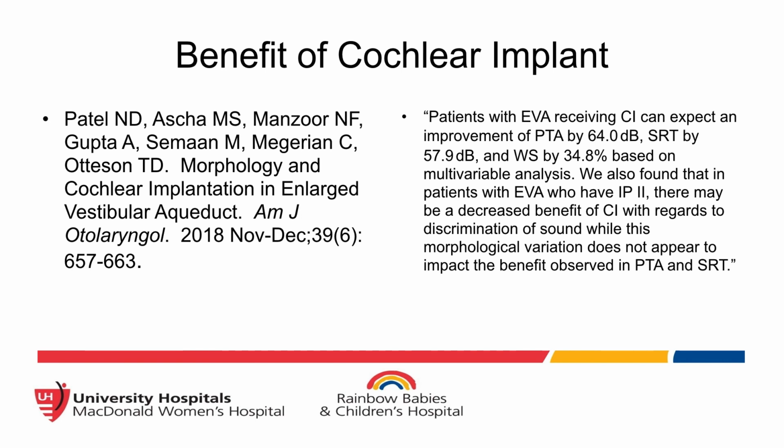We also found that in patients who have both EVA and incomplete partition type 2, there may be a decreased benefit of cochlear implant, especially with regard to the word discrimination scores, although that still requires additional research in that area.